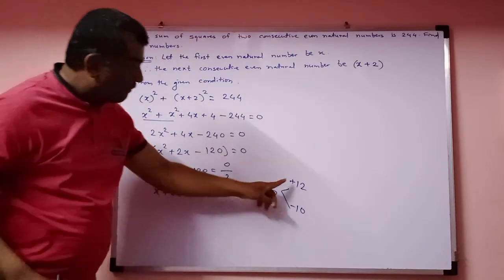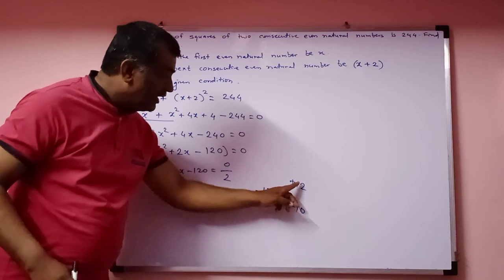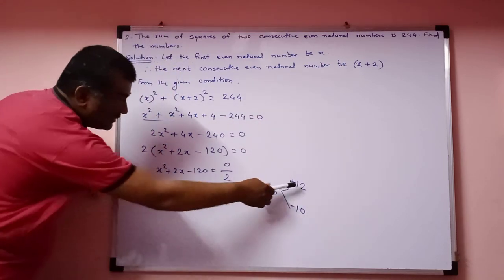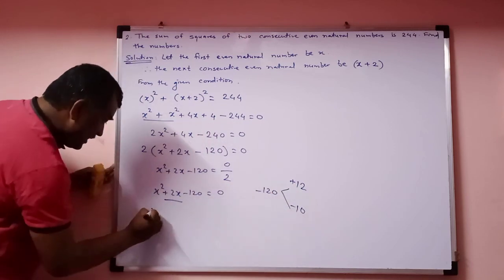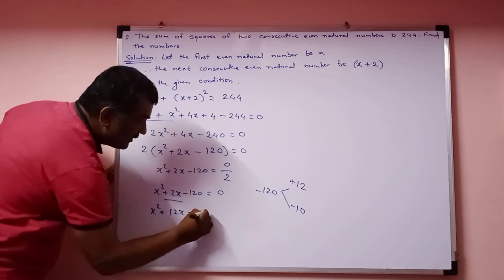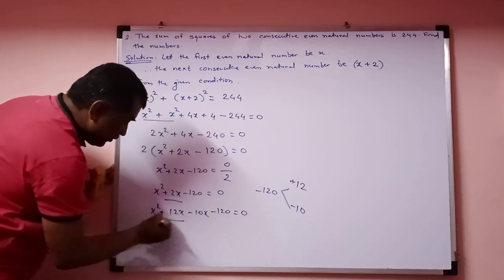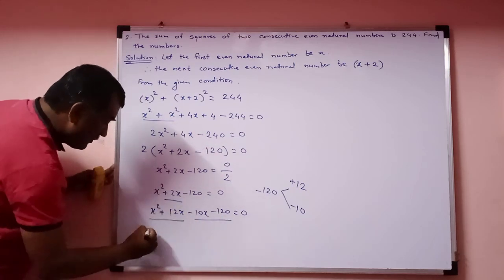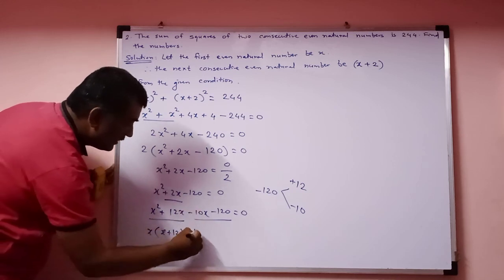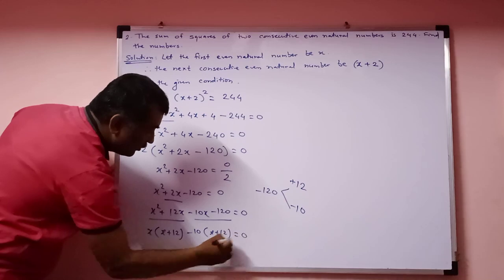Now see, plus into minus is minus, 12 10s are 120, 12 minus 10 is plus 2, means plus 2x means 12x minus 10x. x square plus 12x minus 10x minus 120 is equal to 0. Let's take common: x is common, x into bracket x plus 12 minus 10 into bracket x plus 12 is equal to 0.